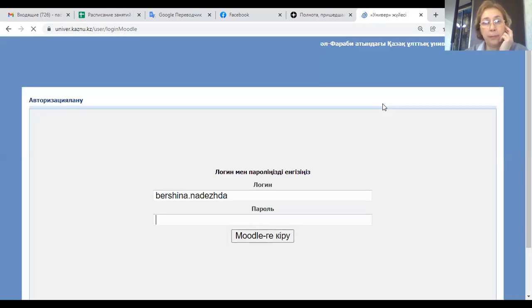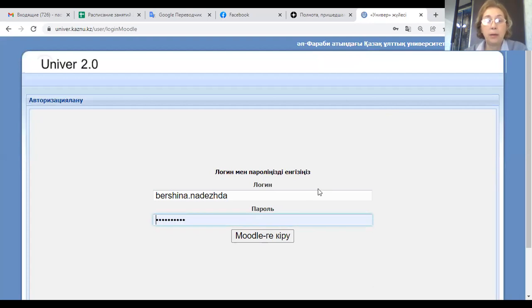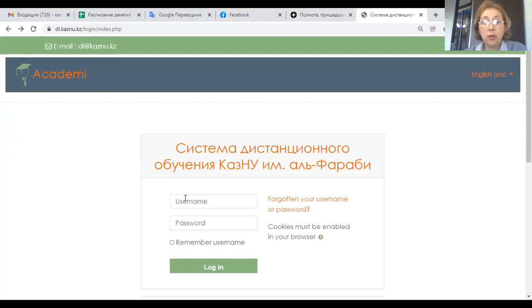what will happen? You will see the same window that you can see when you log into the university system. So it means you shouldn't, if I go back, can I go back? You shouldn't write anything here like username or password.